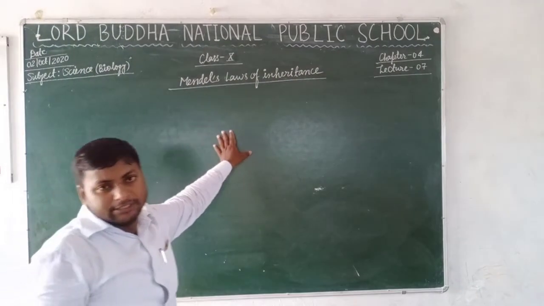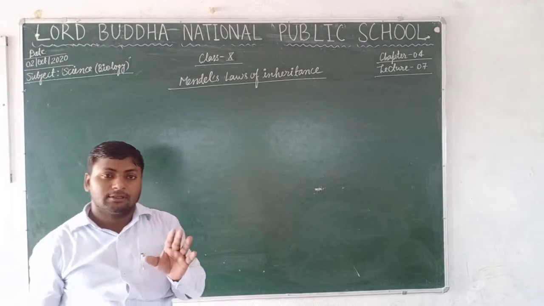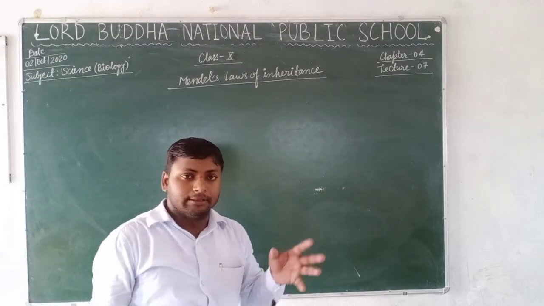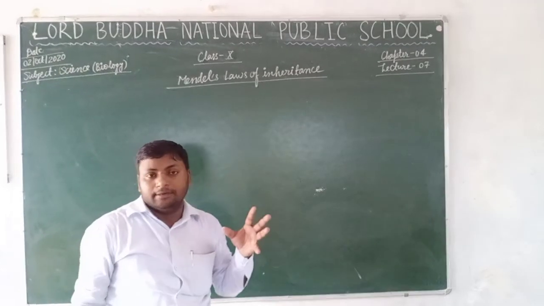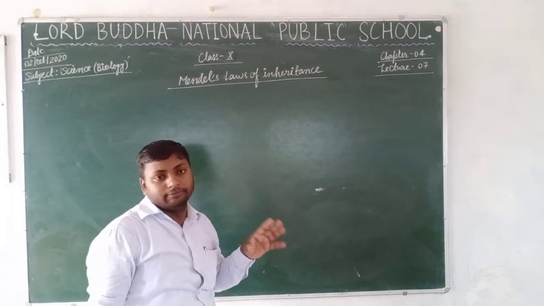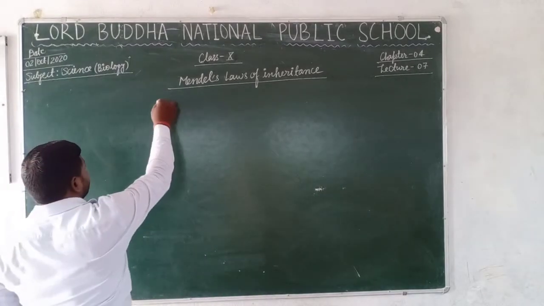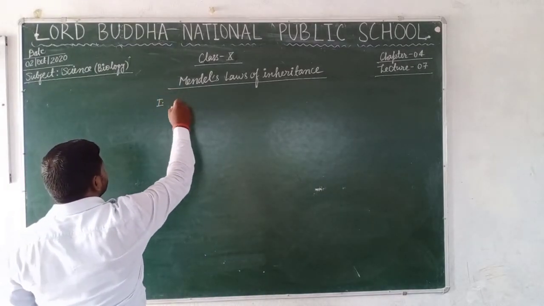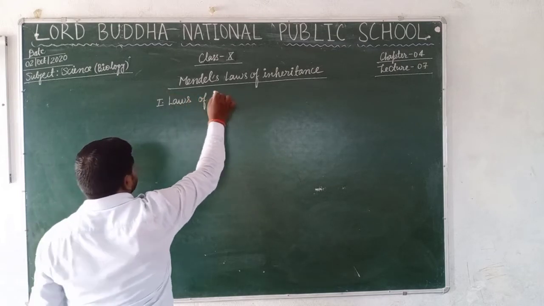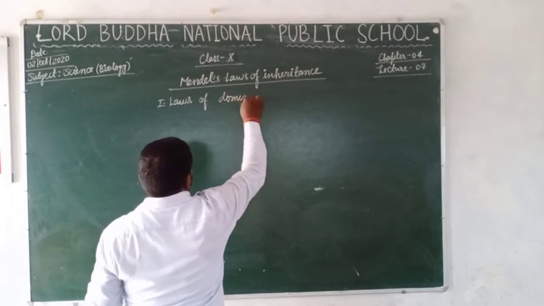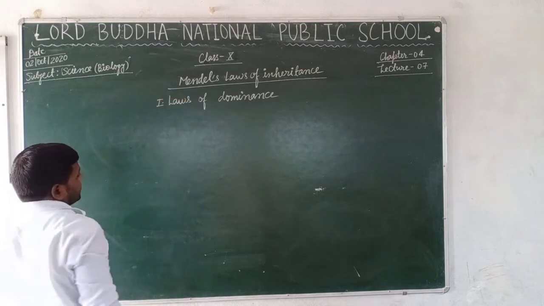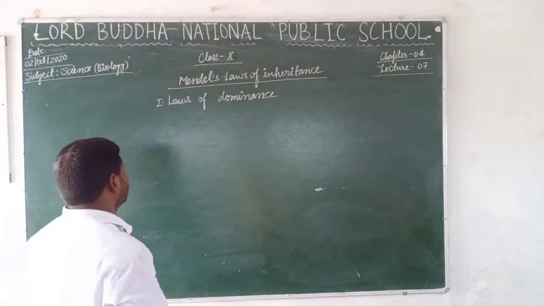On the basis of his experiments, the results obtained and the conclusions he drew from them, he gave the following three laws of inheritance. What are these? The first one is the law of dominance.